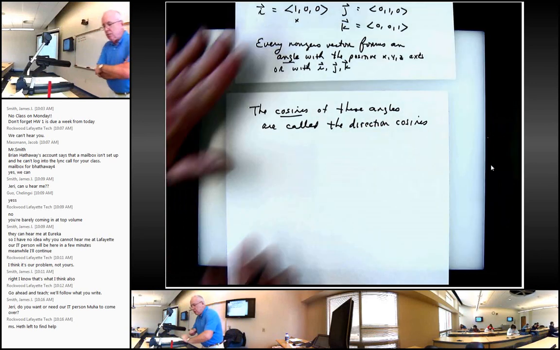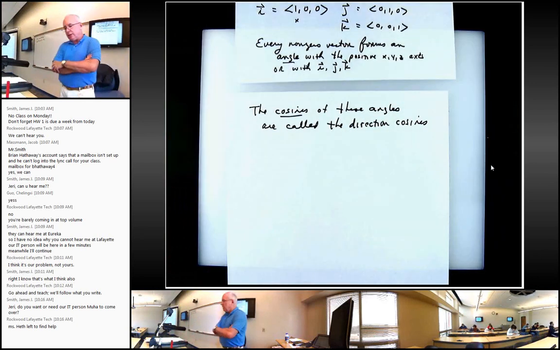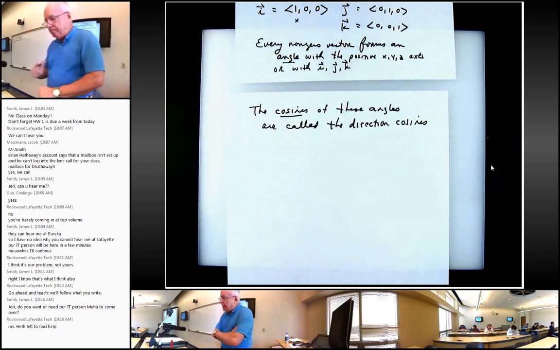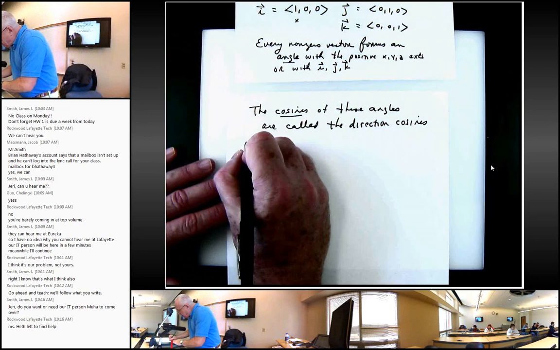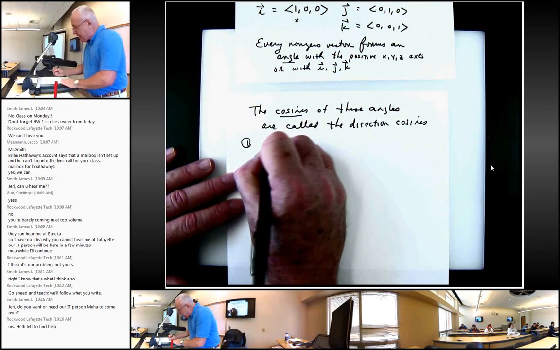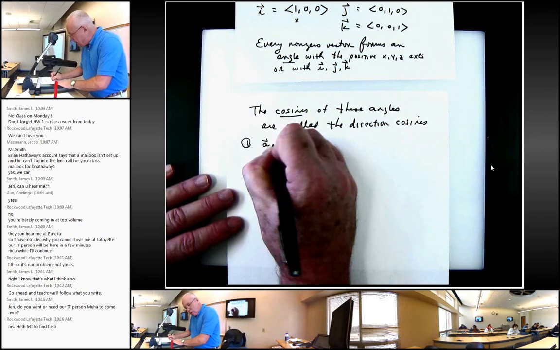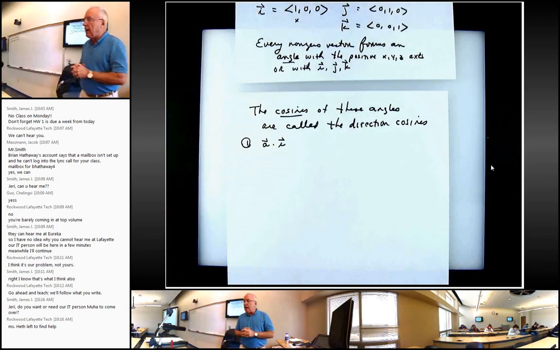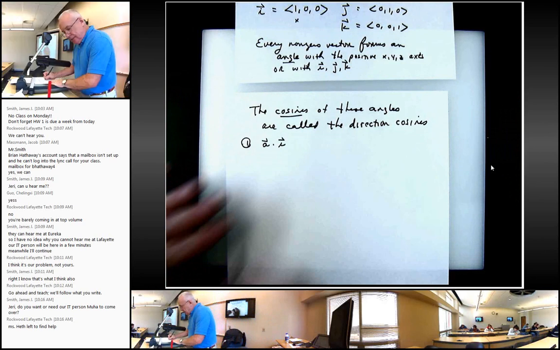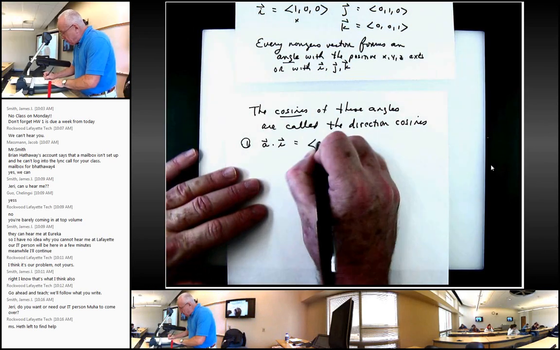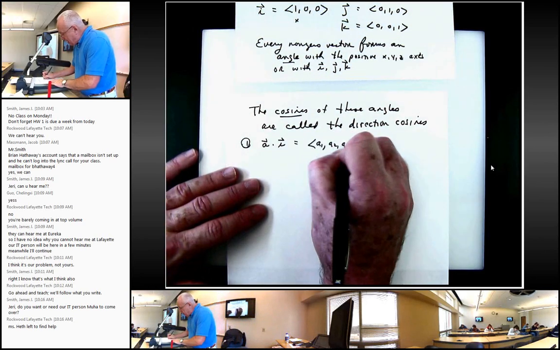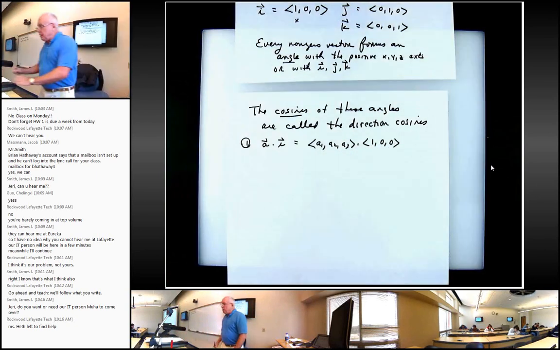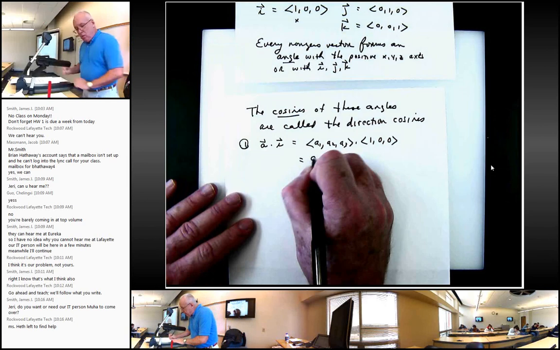Okay, so let's see what kind of formulas we can come up with here. Let's look at the first one. Let A be our vector, and let's dot it with the unit vector going in the x direction. Let's dot it with i. So this is A1, A2, A3 dot 1, 0, 0. And when we multiply the components, all we end up getting is A1.